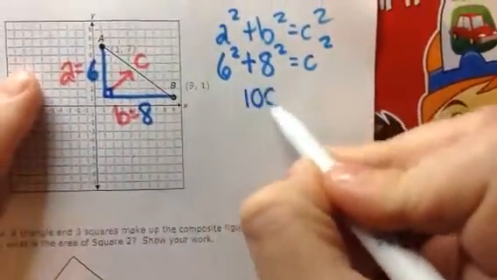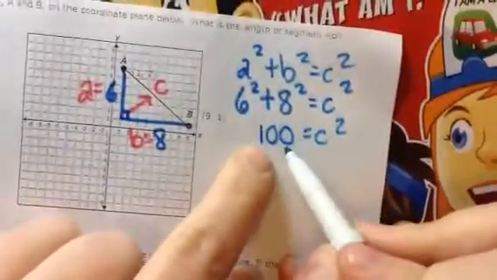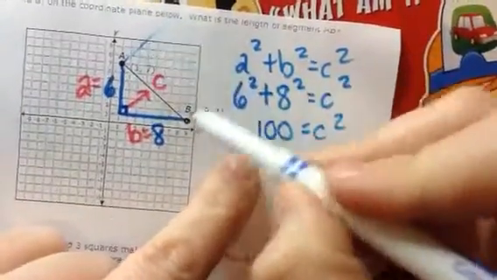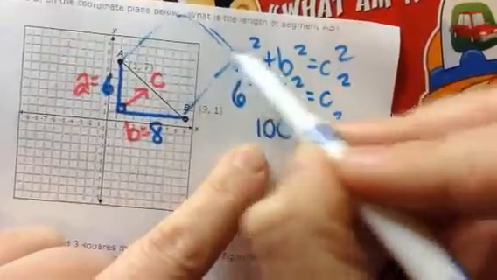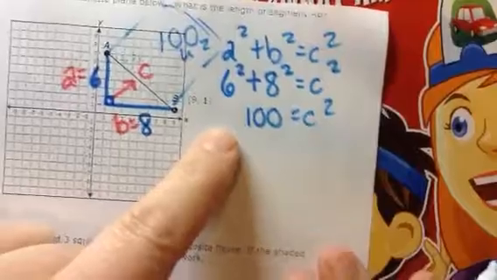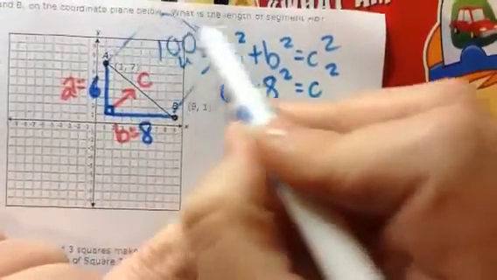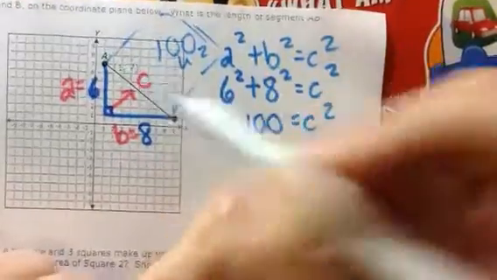Equals C squared. Okay, so what this stands for, if there was a big old square out here attached to this side, the area of it is 100 units squared, but I don't want its area because they just said what is the length of this segment, so I just need the side of that square.